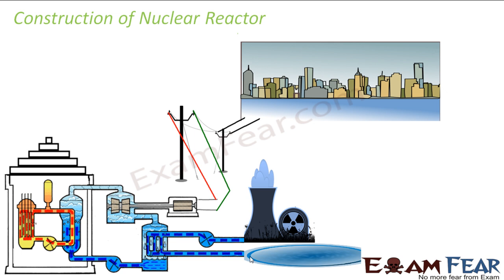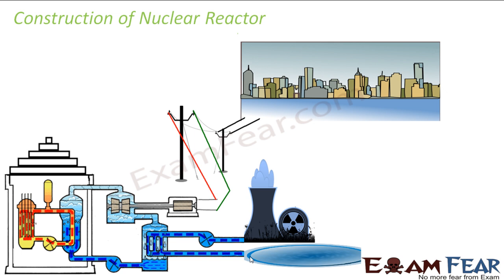Let us now look at the construction of a nuclear reactor. So far we were talking about the principle behind the working of a nuclear reactor, and I'm sure that you would have understood that. Now let us look at the construction of a nuclear reactor. The diagram here looks a little complicated, but it is nothing complicated. It is very simple if you have understood whatever I explained so far.